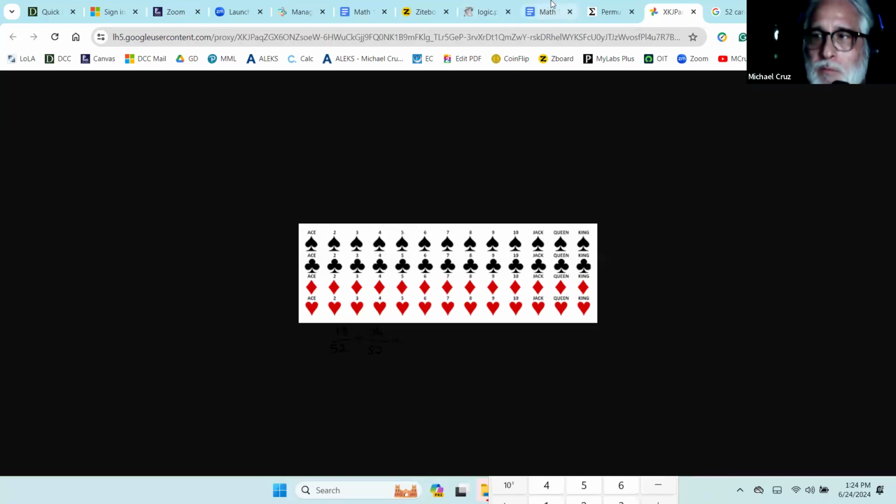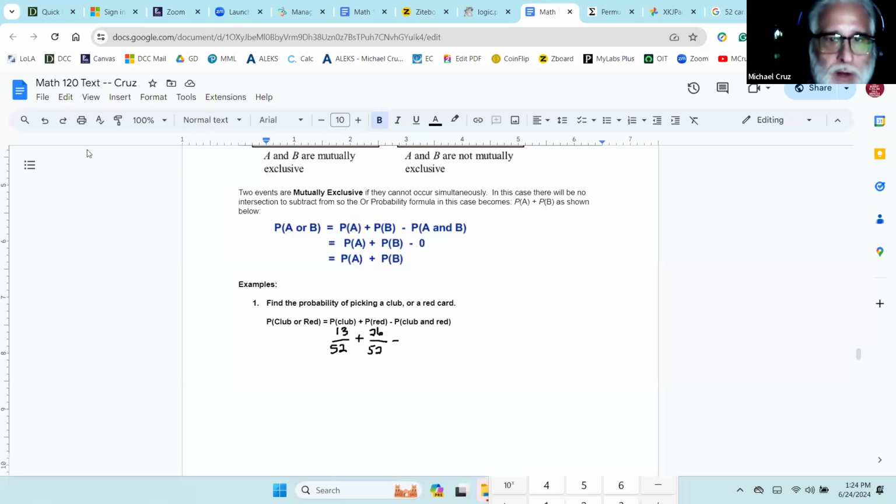Okay, good. So this right here is 0. You don't have to put it if you don't want to, but I'm just trying to show you that this one formula here works for both mutually exclusive and non-mutually exclusive. And it's the same formula from chapter 2.